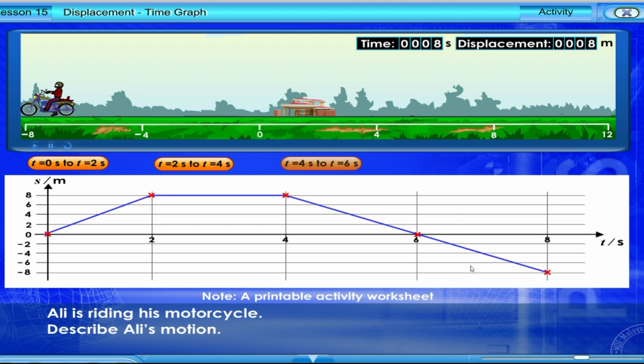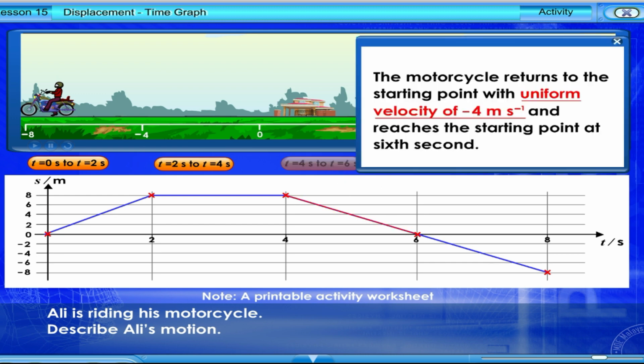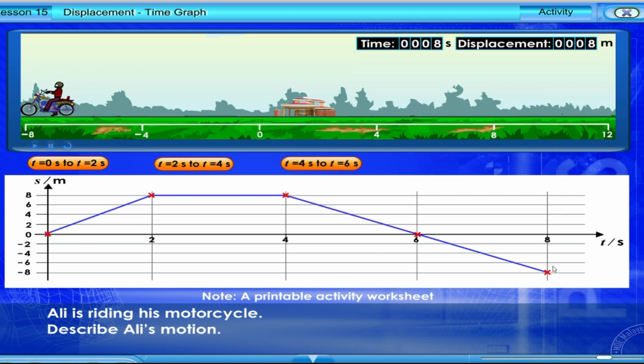Describe the motion of the motorcycle from t equals 4 seconds until t equals 6 seconds. Describe the motion of the motorcycle from t equals 6 seconds until t equals 8 seconds.